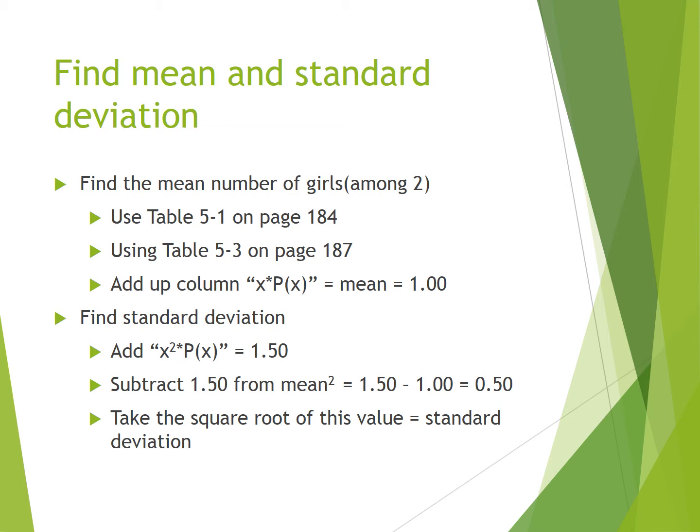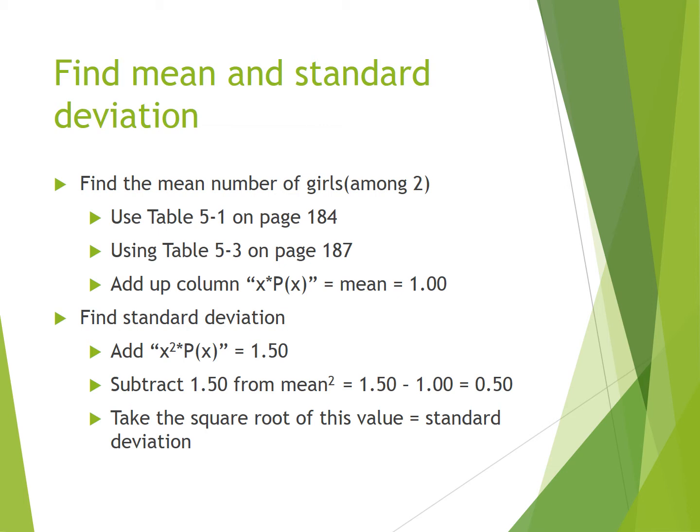We see that the possible values for our random variable are 0, 1, or 2. We're only looking at among 2 births. So the probability of 0 girls is 0.25. The probability of 1 girl is 0.50, and the probability of having 2 girls is 0.25.